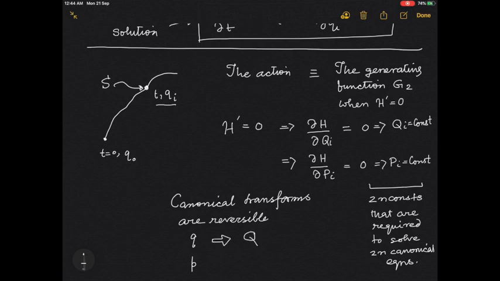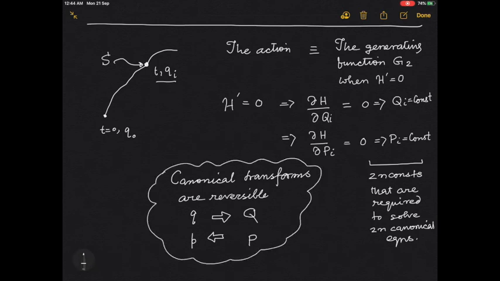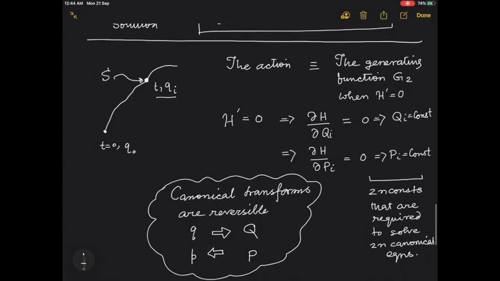So if I have a transformation which takes small q and p to capital Q and capital P, I should also have a reverse transformation which takes capital Q, capital P to small q, small p. Right? Now this is very big, because this, along with what we have discussed till now, will give us a very nice and interesting understanding.